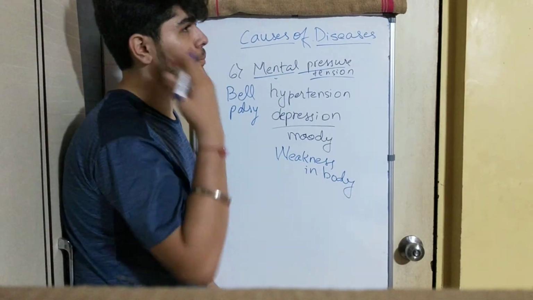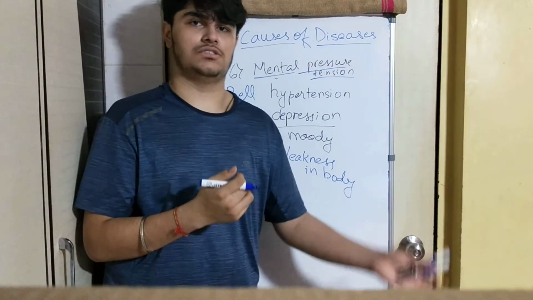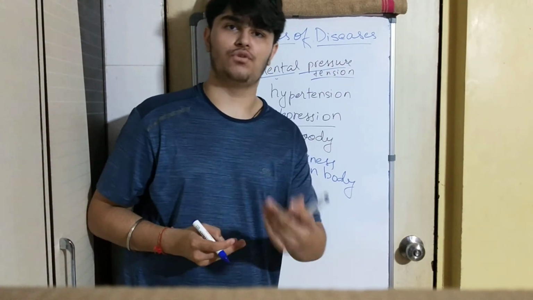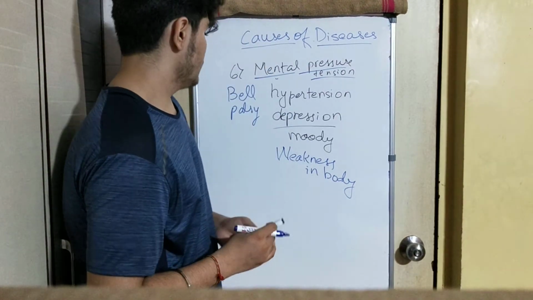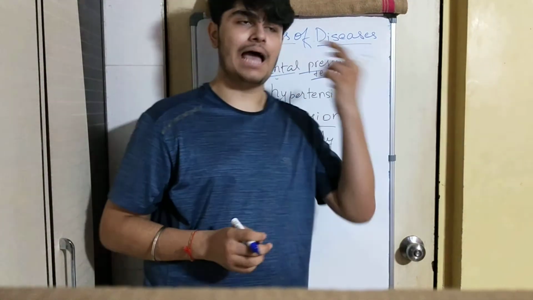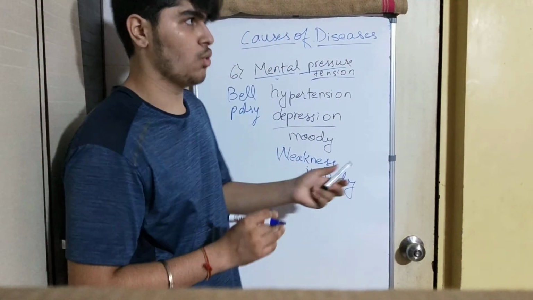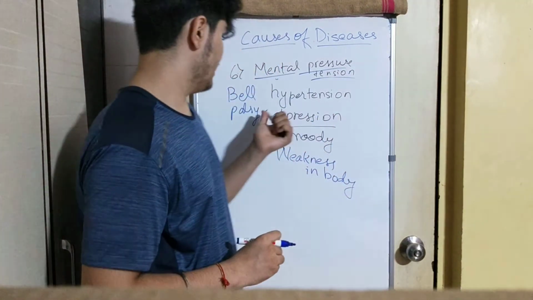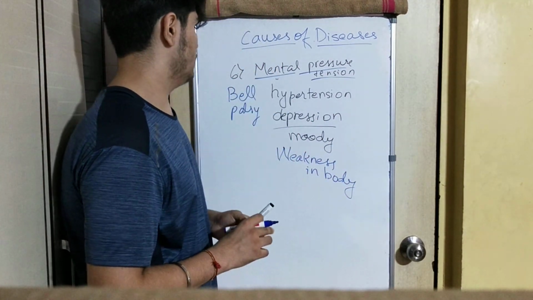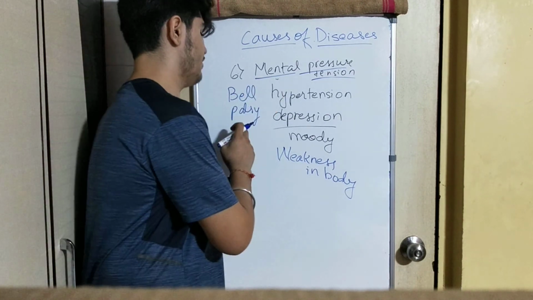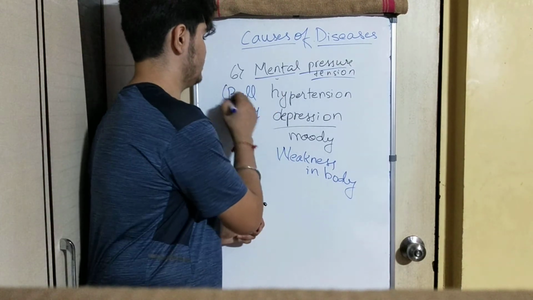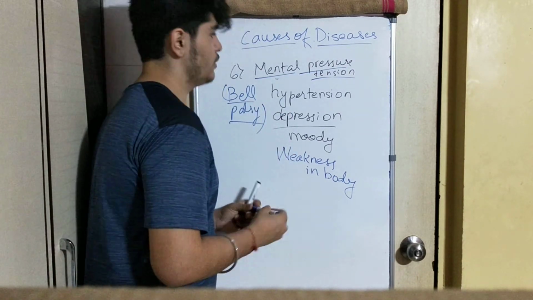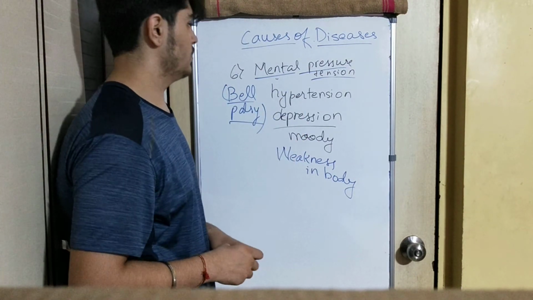It affects your brain, it affects all the systems. It can damage half of the body or the full body. How is paralysis caused? It's a hemorrhage in your brain. You have a stroke when the blood clots there. So that's the main reason for having a paralysis, that is Bell's palsy. It's mainly caused due to mental pressure.